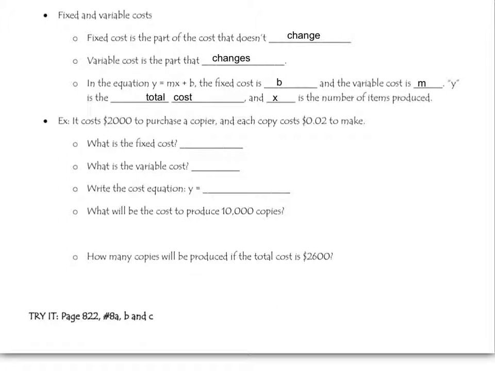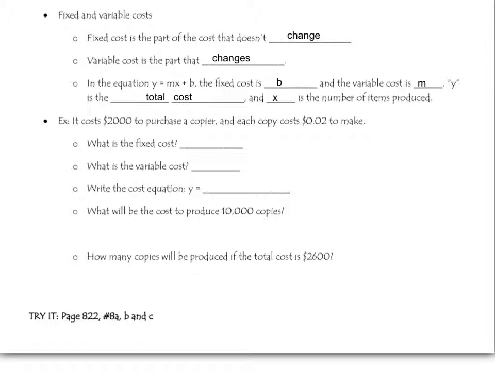The number of items we're talking about is x. So above, the number of months was x, the variable cost was m, which was 41, the fixed cost was $99, and the total cost was what you solve for when you use the equation y equals mx plus b.